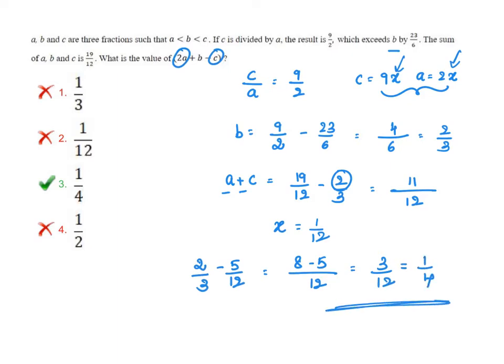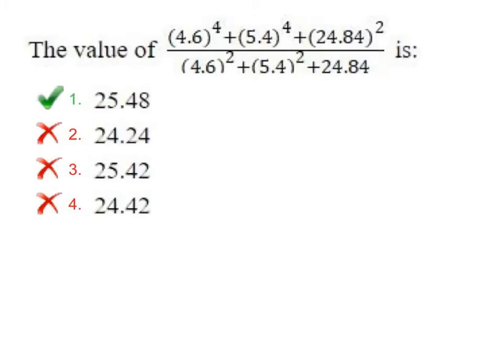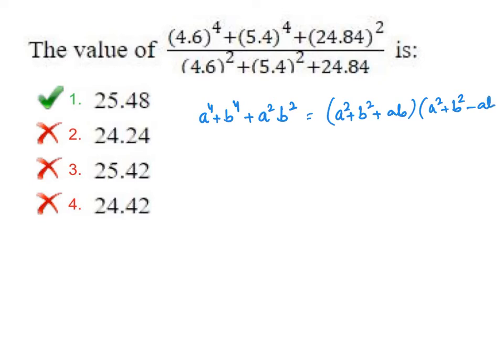Simple calculation, nothing else. The value of this expression in the form of a power 4 plus b power 4 plus a square b square. You can write it as a square plus b square plus ab into a square plus b square minus ab. So if I take this side, then it becomes a square plus b square minus ab.